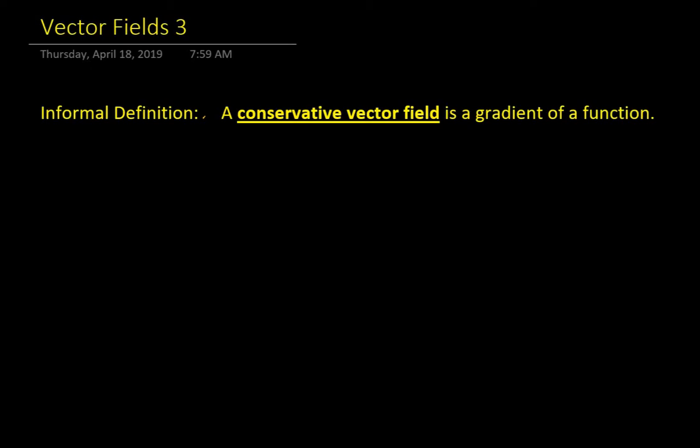So our informal definition says if you have some function f of x, y, we would make a vector field that's called conservative if we find the gradient of that function.